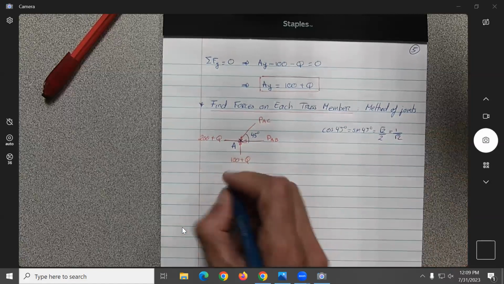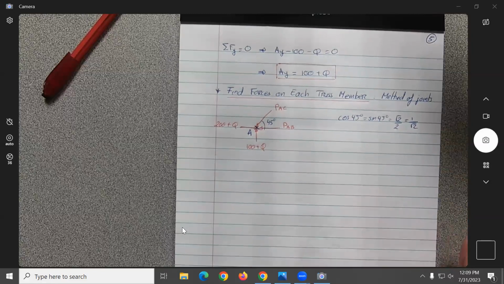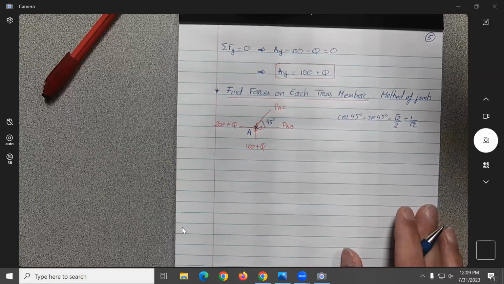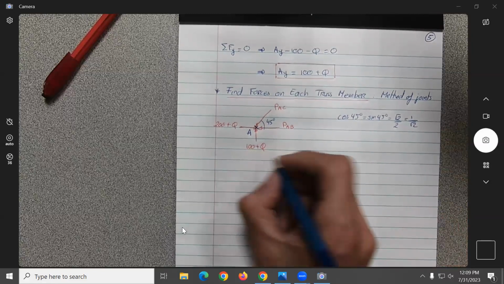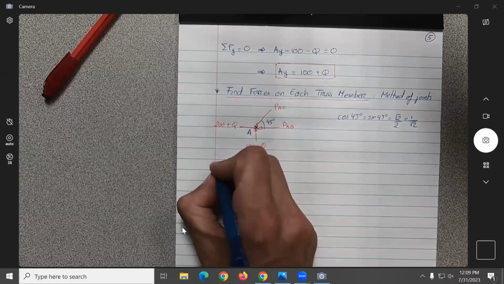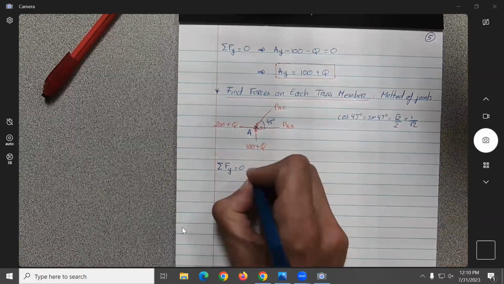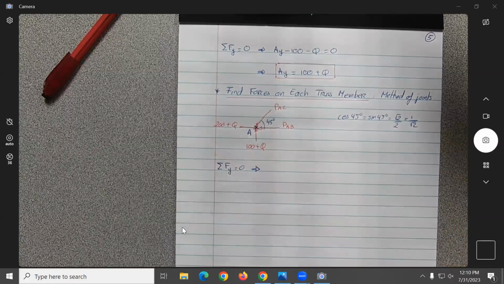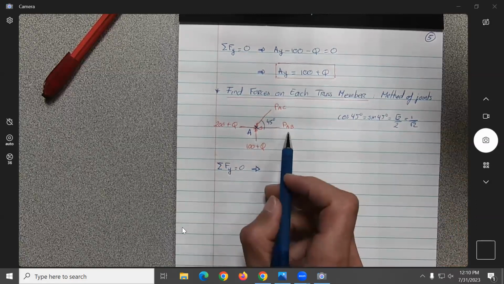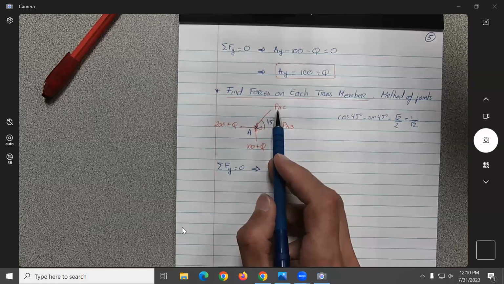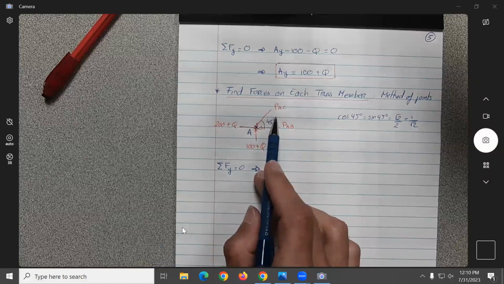Okay, so let's first do over here to save some time. I'll give you the right order. Let's do summation of forces on the y direction first. What are you going to get? We do y direction because that way you can get right away the expression for PAC, no? You see?